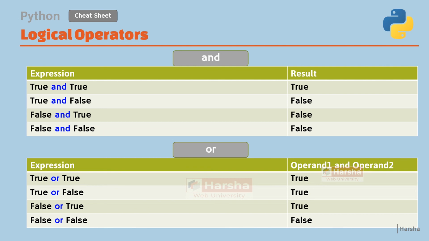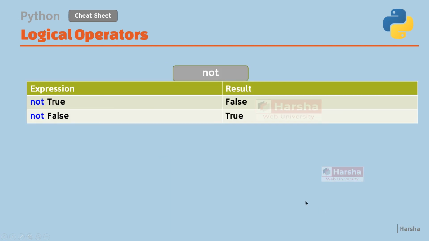But if you consider OR, it gives you false only in one case, that is false or false. But in all remaining cases, it gives you true. That means if both conditions are false, then only it gives you false. If at least one operand is true, it definitely gives you true. Of course, NOT makes it opposite. So true becomes false, false becomes true.